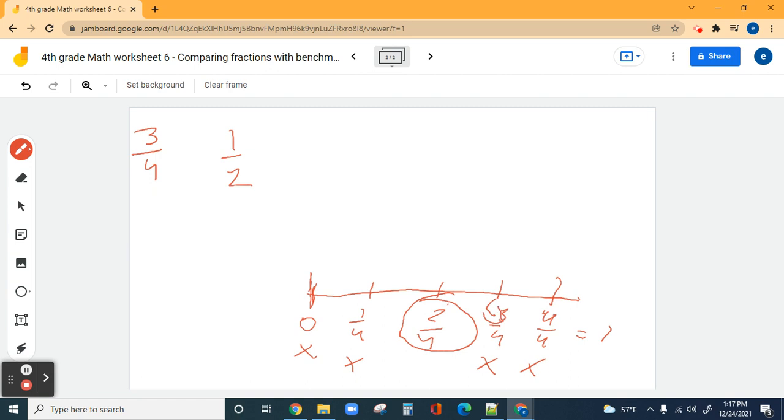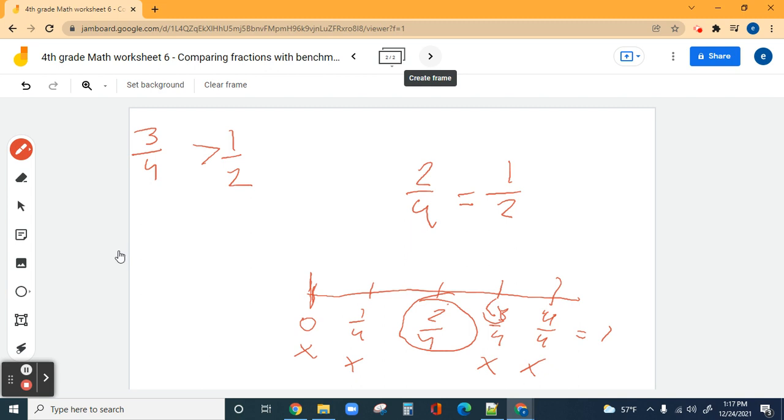If it's not our benchmark, we will check that in the next video; this video won't show how to do that. But 2 by 4: if you divide 2 by 2 it will be 1, and if you divide 4 by 2 it will be 2. So 2 by 4 is our benchmark. Now 3 by 4 is over 2 by 4, which means 3 by 4 is bigger than 1 by 2.